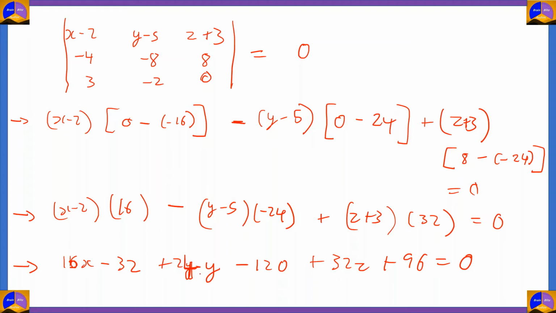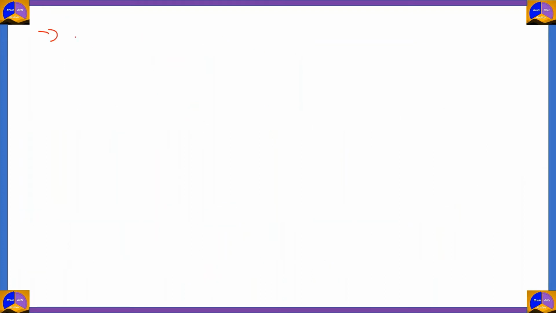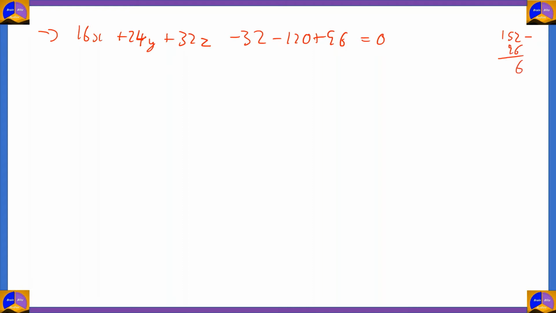Now, let's write that equation as 16x plus 24y plus 32z minus 32 minus 120 plus 96 is equal to 0. Minus 32 minus 120 is minus 152, and 152 minus 96 is 56, so we have minus 56 here.